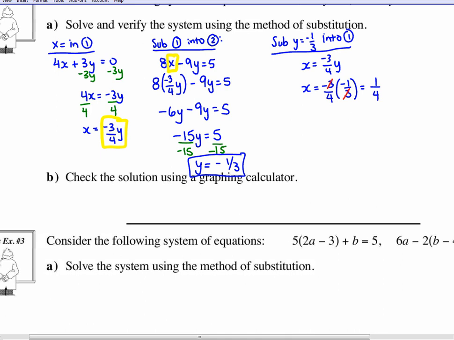If you want, you could also multiply straight across with fractions, which is 3 over 12, which is 1 over 4. Yay, x is 1/4.